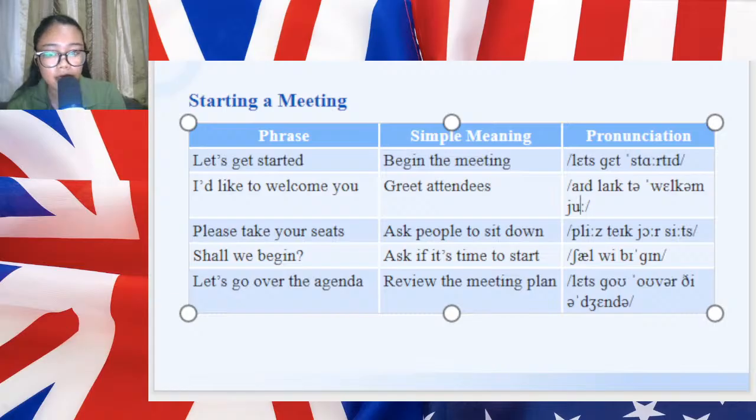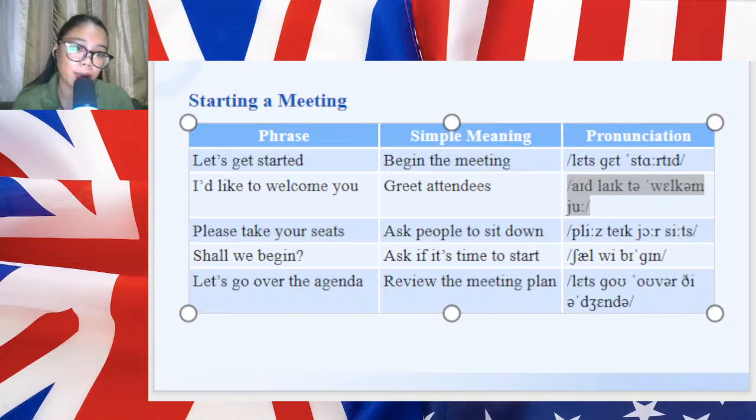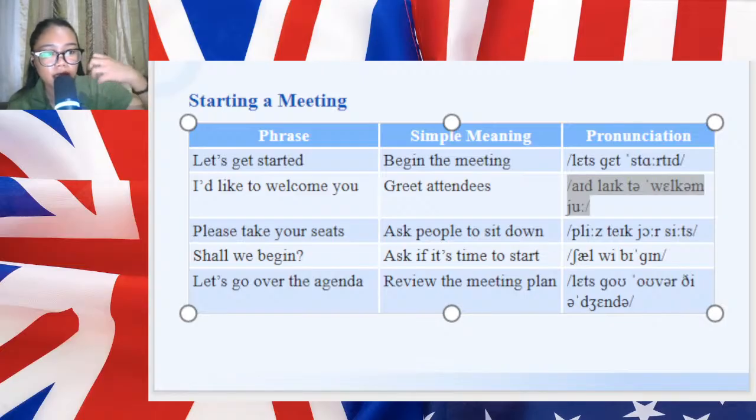Because this IPA transcription is really a cheat code if you know it, because this is like a guide on how you properly pronounce the words and the phrases. It is more like they spelled out how you properly pronounce these words and phrases.